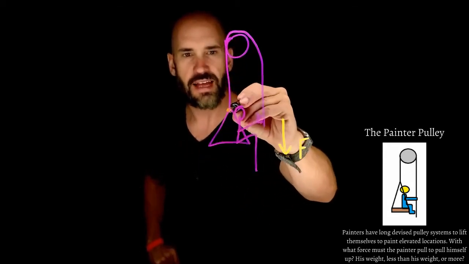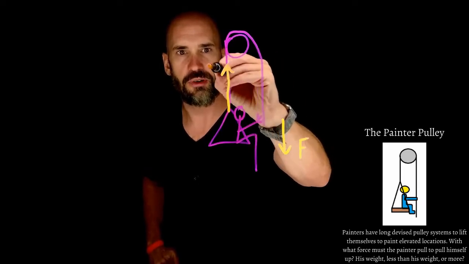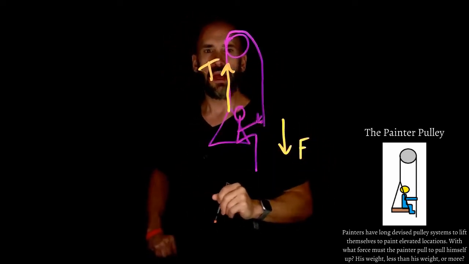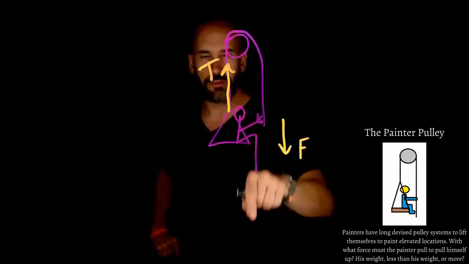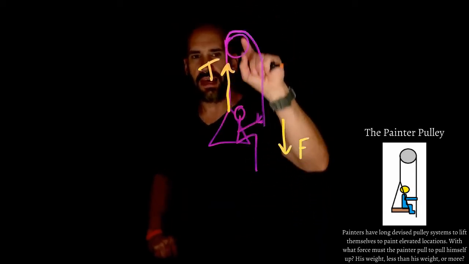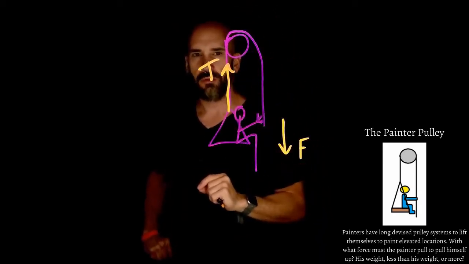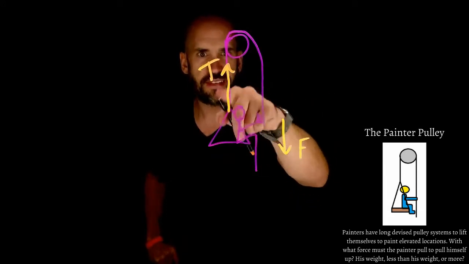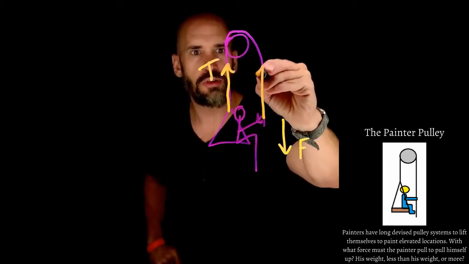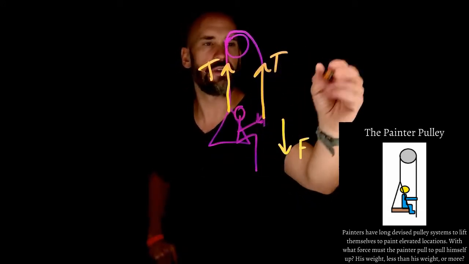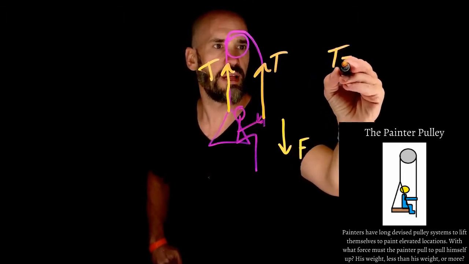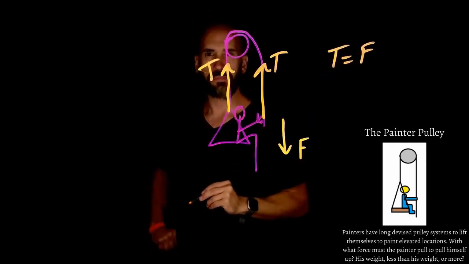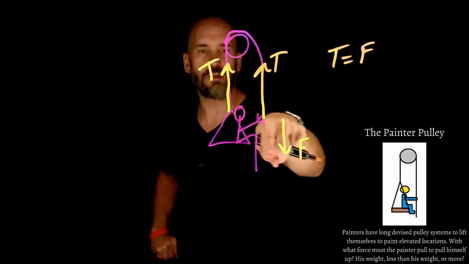We have a tension from this string pulling up on him here. But if he's pulling on this rope, the rope's pulling back on him with an equal and opposite force. So this tension here, there's actually two of them, and it's equal to the force that he's applying. That has to be true from Newton's second law.